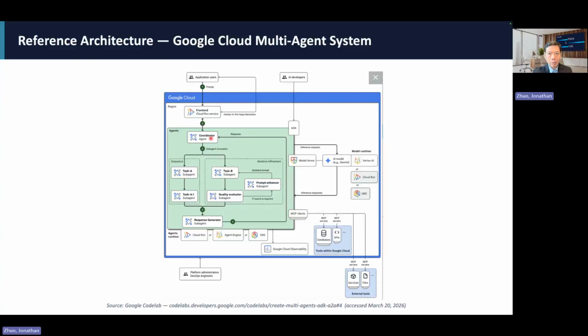A2A protocols come into play when agents need to talk across different applications or vendor boundaries. Tools are exposed via MCP, and everything flows through Model Armor before hitting inference. Keep this picture in mind. In a few minutes, you will see a live implementation of exactly this.